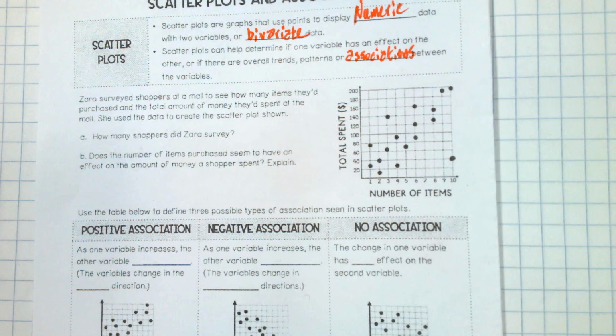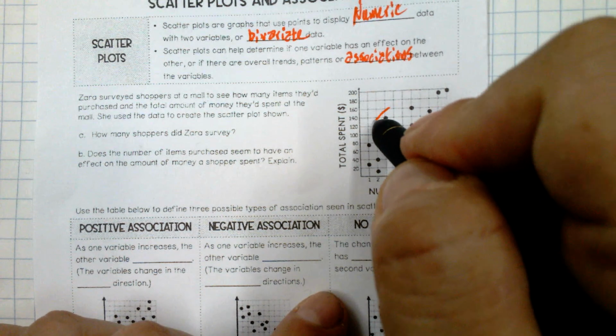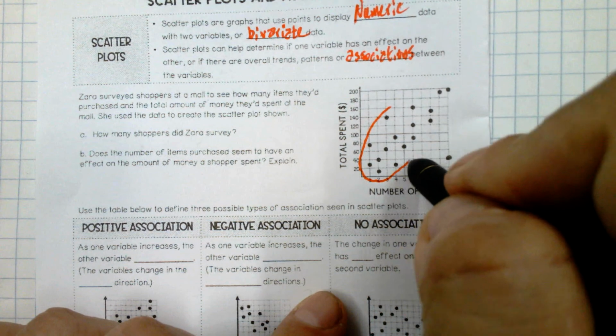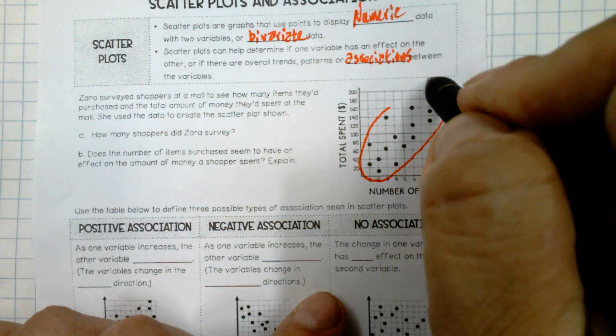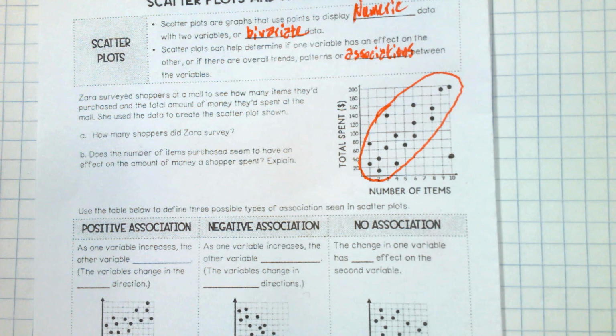So do you notice that overall the data kind of bunches up like this? I can draw an oval, in fact. Kind of does this. What's going on here? What do you think? Let's see.